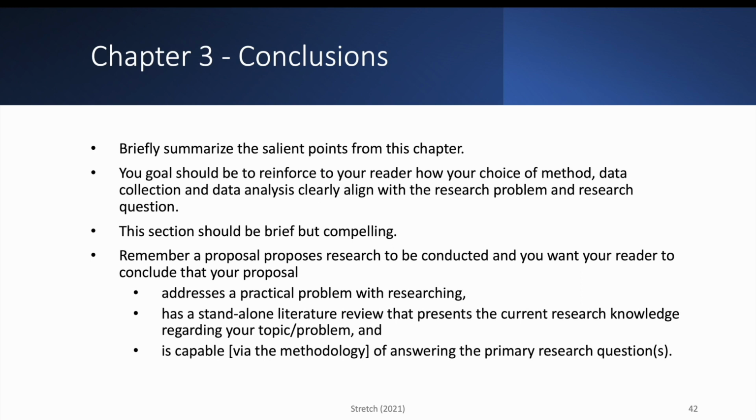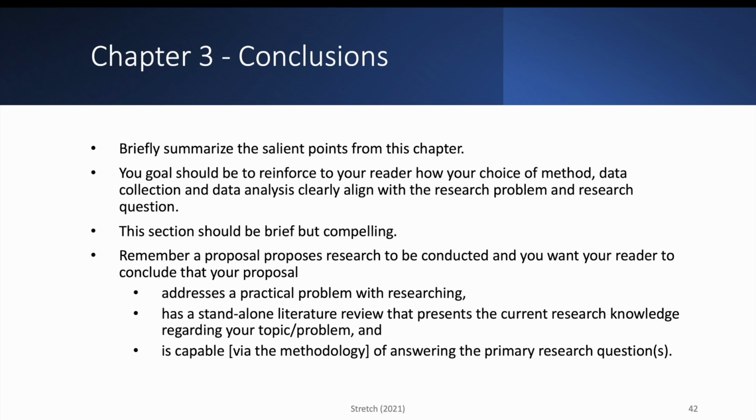When you first write your dissertation, you're going to write this proposal, which is chapter 1, chapter 2, and chapter 3. Those will be written, the chapter 3 especially, in the future tense. It's going to talk about what you will do, like the purpose of this study will be to, and so on. Once your study is approved, then you'll go through IRB and you'll conduct your study.